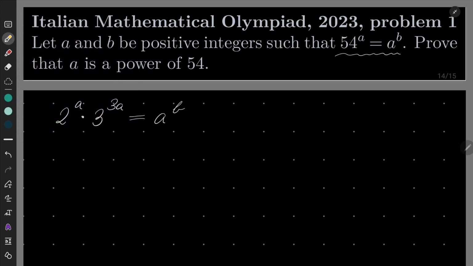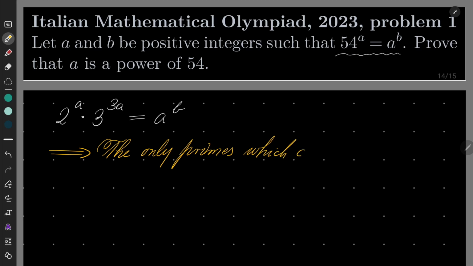So let's write it. That implies that the only primes which can divide a are 2 and 3.